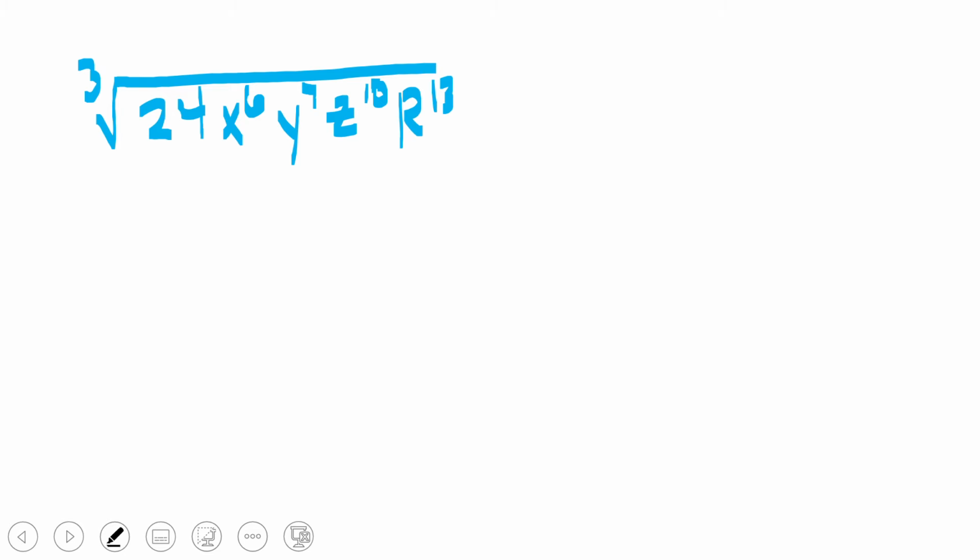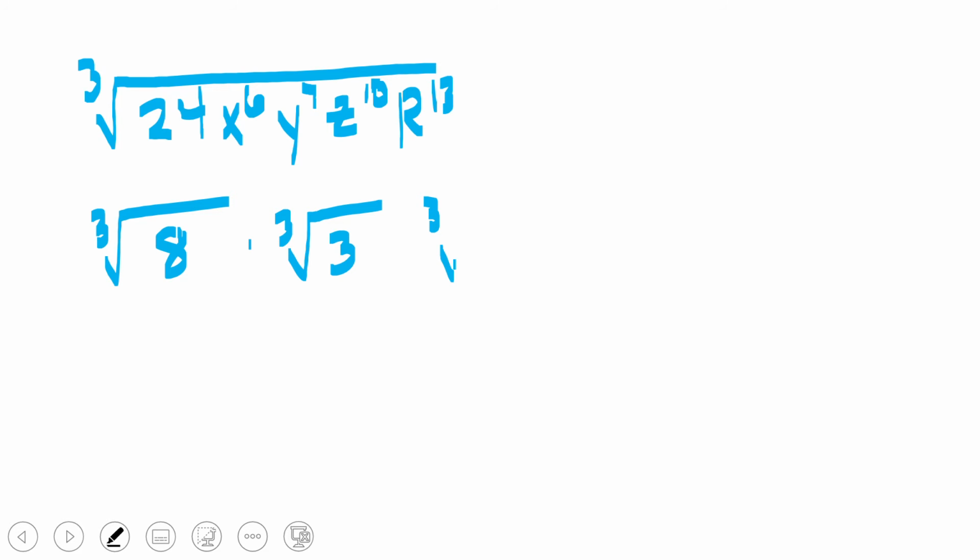So this 24 is easy to break down. We can have the cube root of 8 times the cube root of 3. And then we'll leave x to the 6th alone because it has an even exponent.